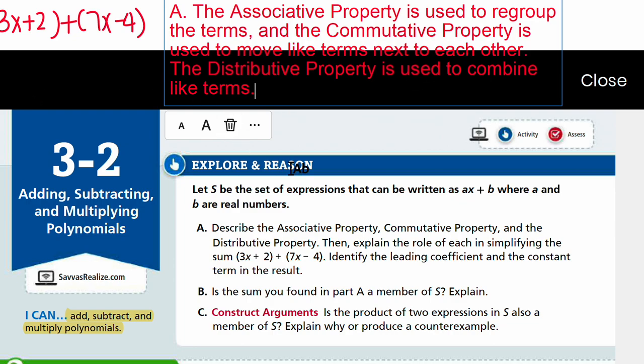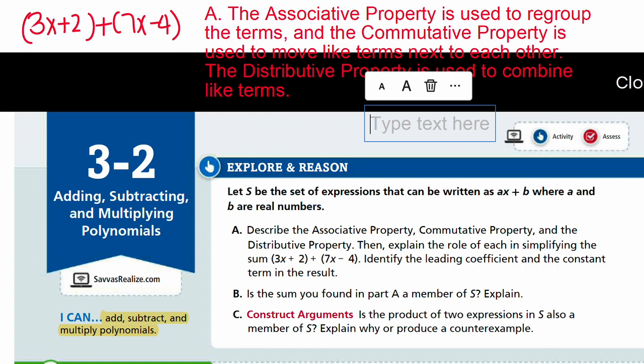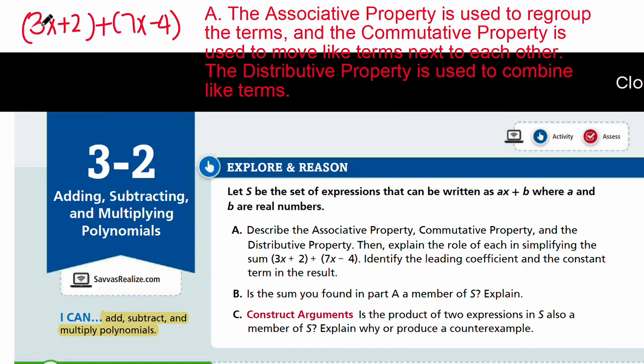Okay, and now we're going to explain using these properties when we're simplifying this expression. So first of all, we can use associative property and the commutative property to rearrange the terms, right? We want to have the like terms be together.